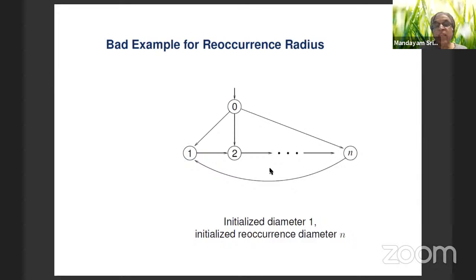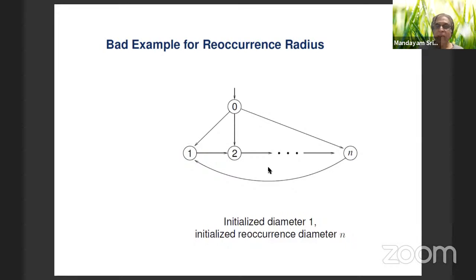Since D is greater than R, there must be a repeated state in that path. You can remove that repetition and get a shorter one, which is a contradiction.